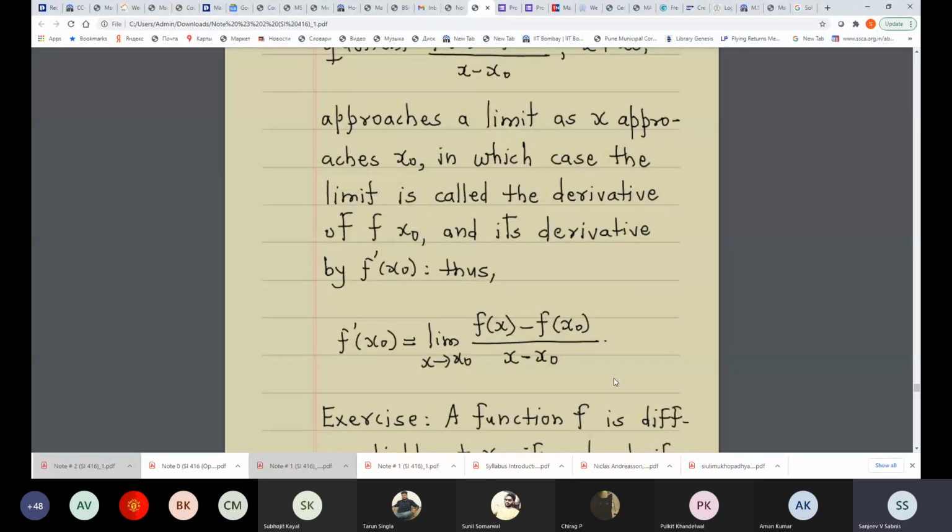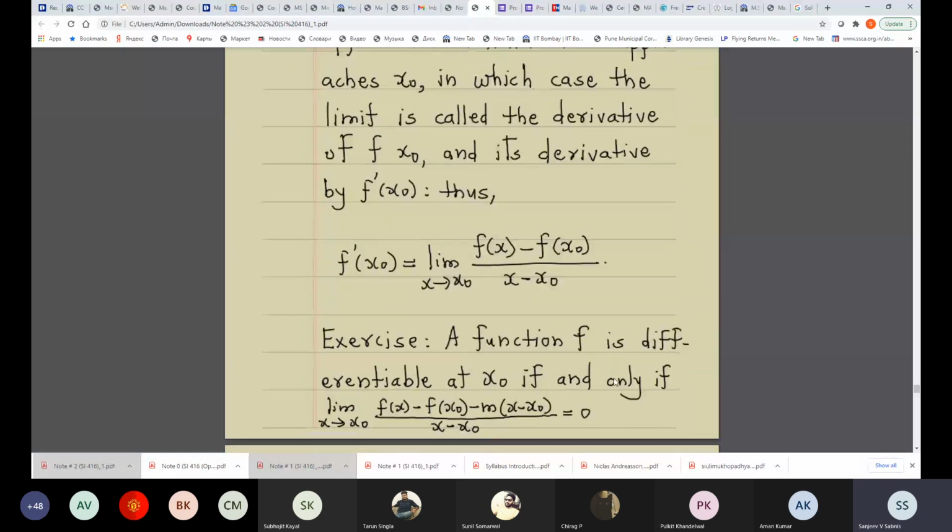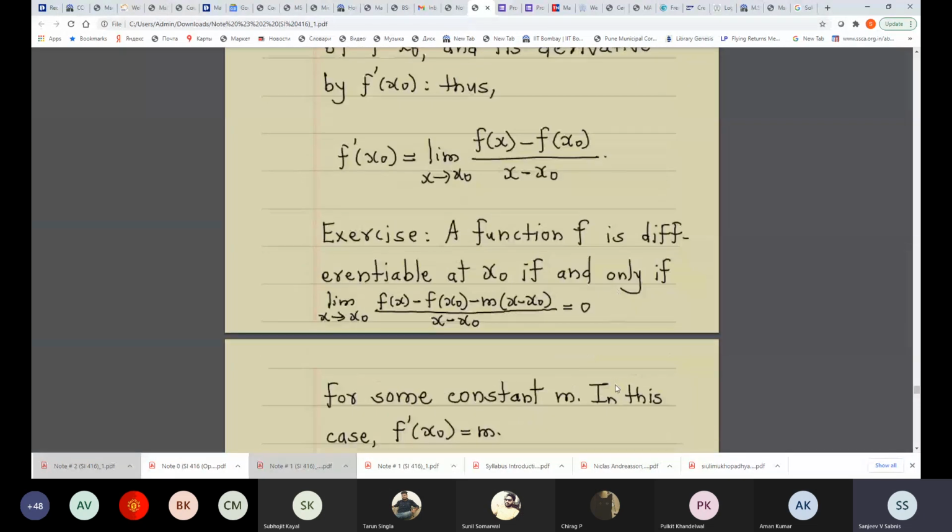All right. Now this exercise again, I think many of you would have done it. A function f is differentiable at x0 if and only if the limit of [f(x) minus f(x0) minus m times (x minus x0)] over (x minus x0), as x approaches x0, is equal to 0 for some constant m.